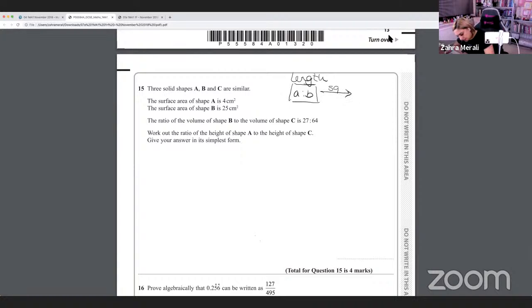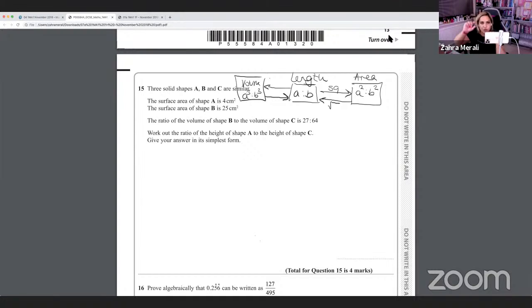So if I want to go to the area, it's going to be A squared to B squared. And if I want to go back to the length, obviously I take the square root. If I want to go from a length to a volume, I cube it. And then here I cube root it.